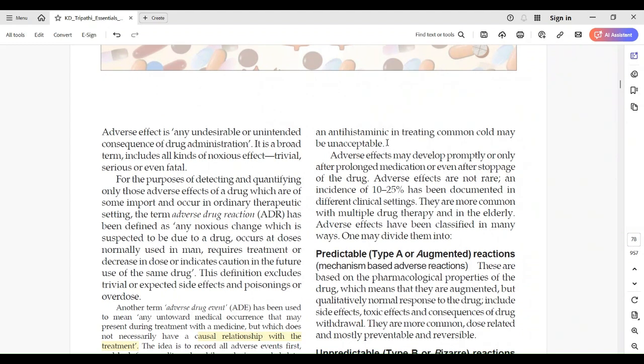So we use antihistamines in the treatment of the common cold, and some older generation antihistamines cross the blood-brain barrier and induce sleep, drowsiness you can say, and that is unacceptable because we are only treating a common cold.